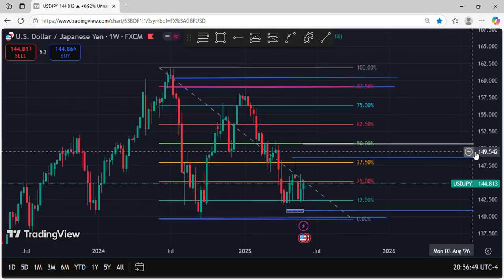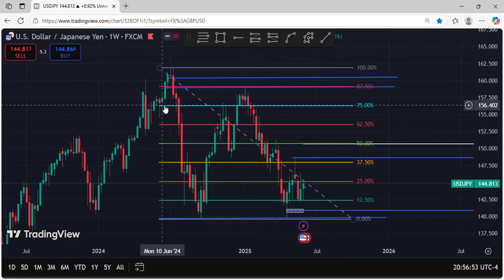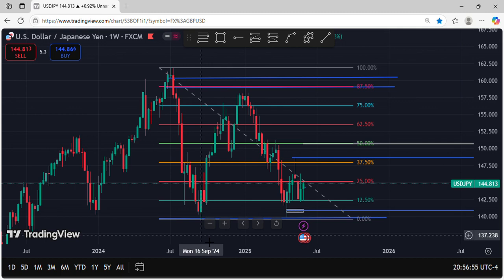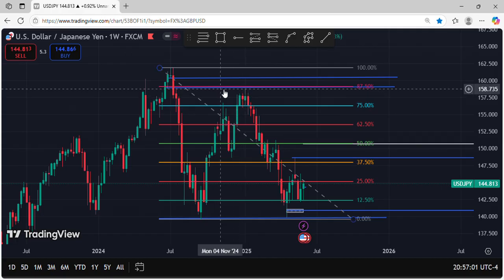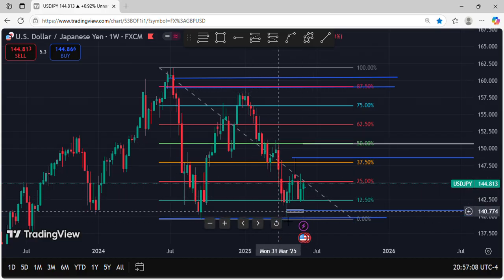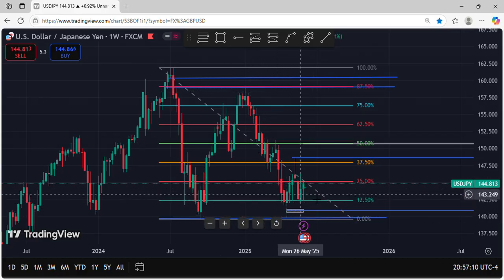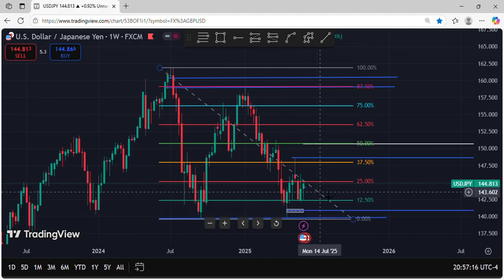Now this chart is a bit messy, but bear with me. So we have this swing high to this swing low. Price has moved into extreme premium, the 87.5, where we have this fair value gap, and has traded down into extreme discount here, the 12.5, and we are seeing that price is unwilling to break below this level.